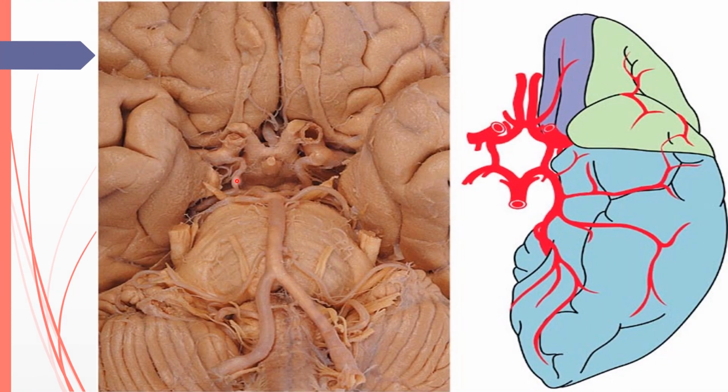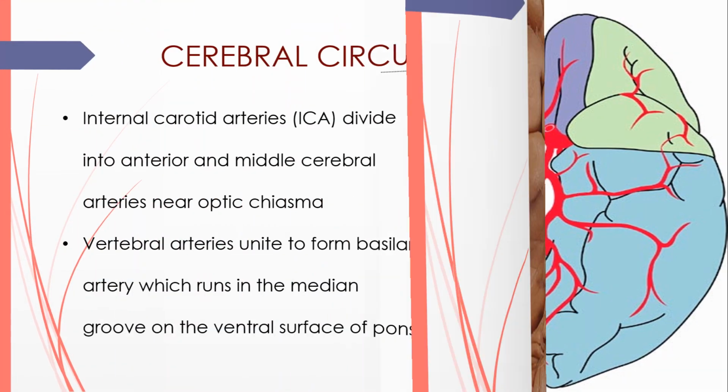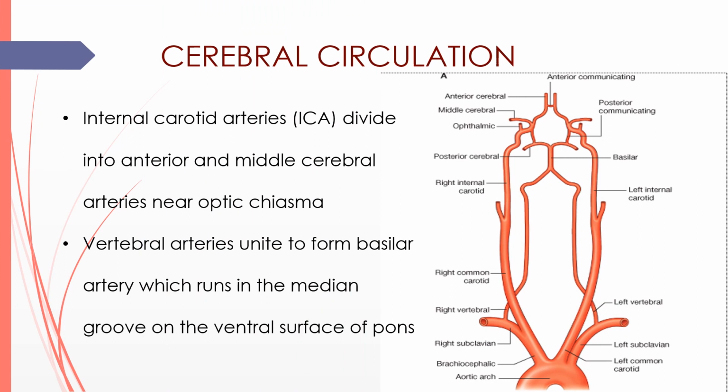Here you can see the circle of Willis. The vertebral arteries anastomose together and form the basilar artery. The internal carotid arteries divide into the anterior and middle cerebral arteries, near the optic chiasma.